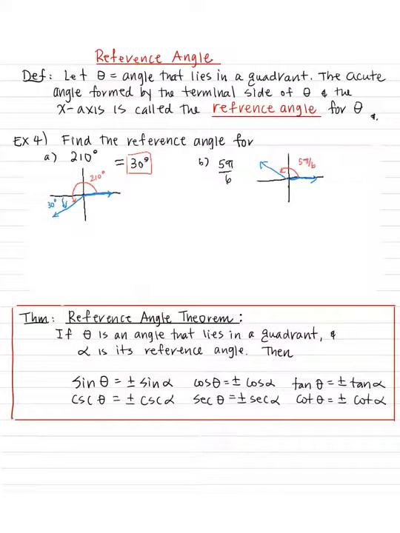When I add these two angles, it better add up to pi, which is 180 degrees. So from here to here would be just 30 degrees, which is pi over 6. So the reference angle for 5 pi over 6 is just pi over 6.